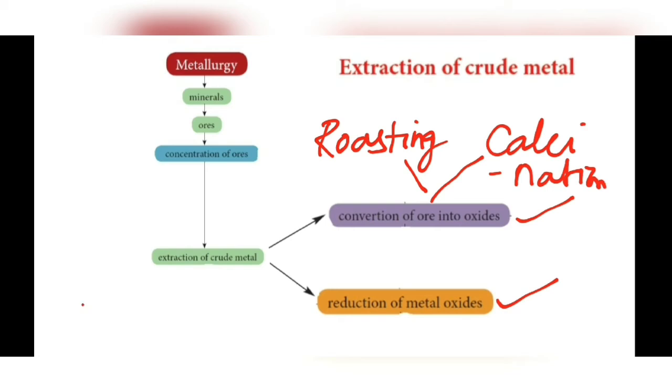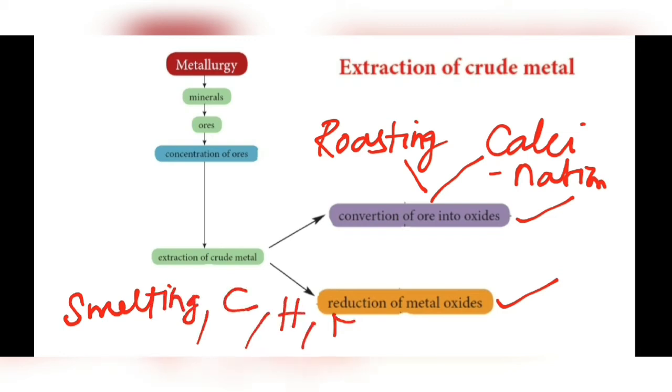In reduction of metal oxides, several headings are given. First one is smelting, and reduction by carbon, reduction by hydrogen, reduction by metal, and auto reduction.